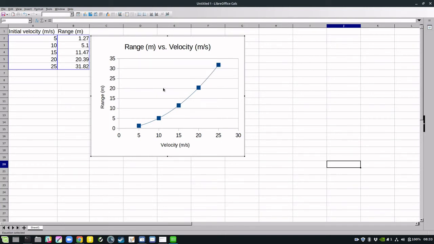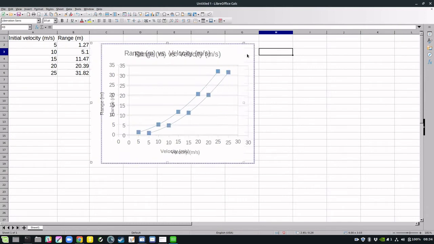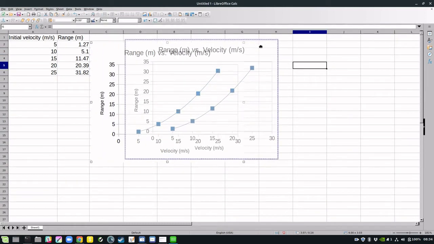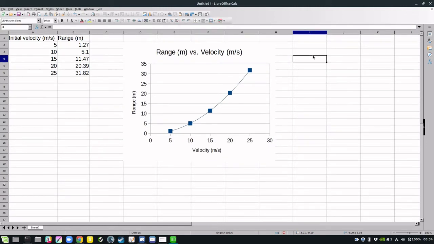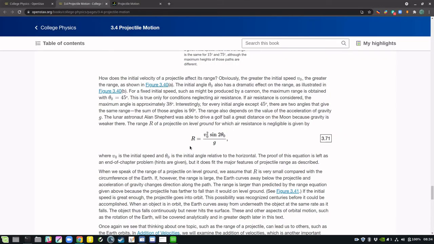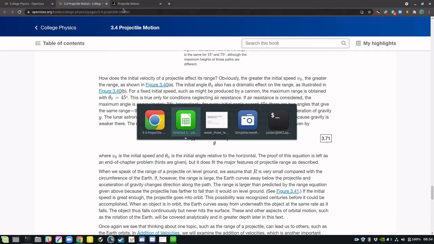In any case, the idea here is to show that it is a quadratic relationship. And that is what we expect from the formula for the range, that range goes as v squared.